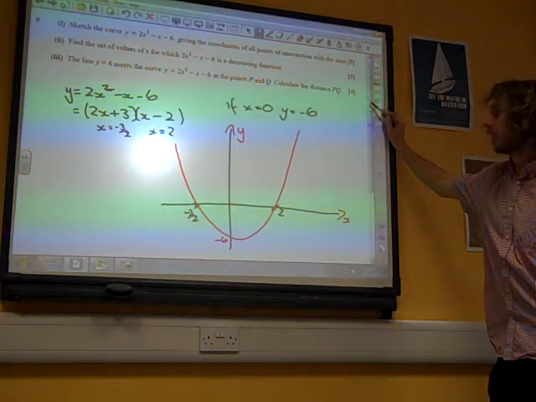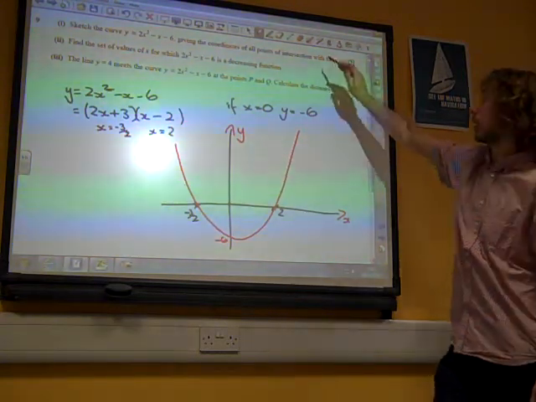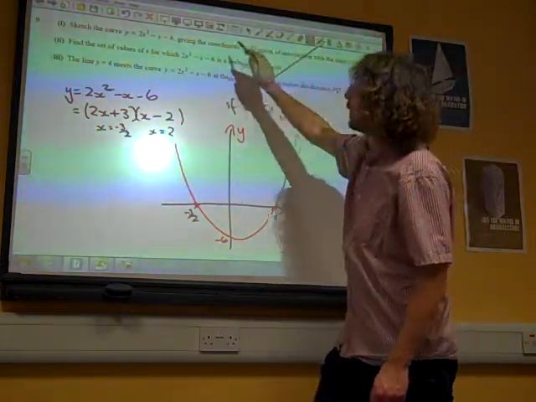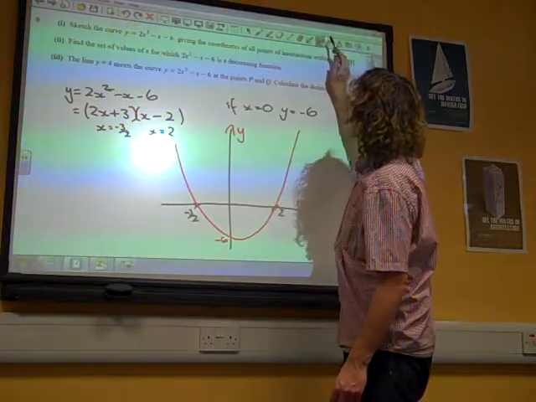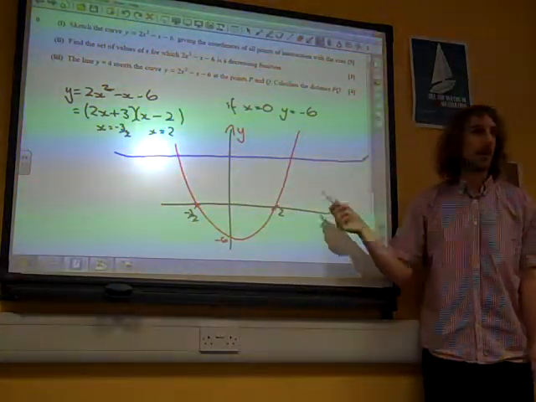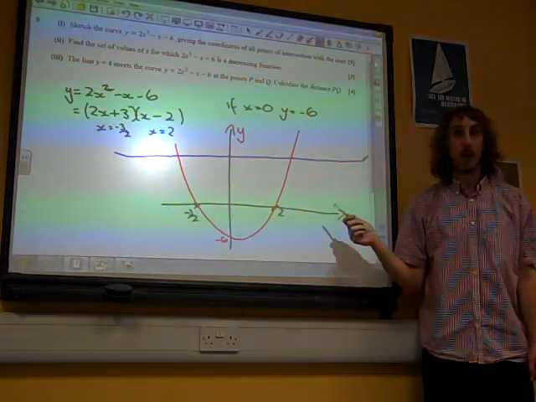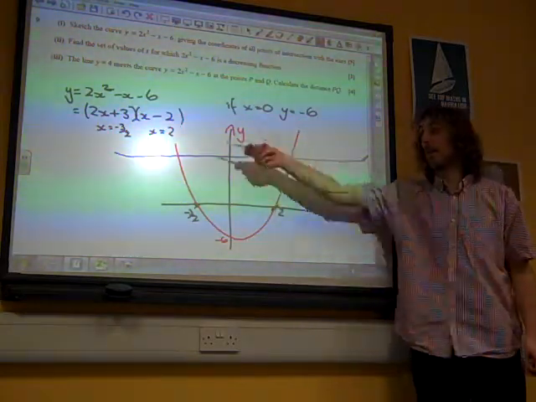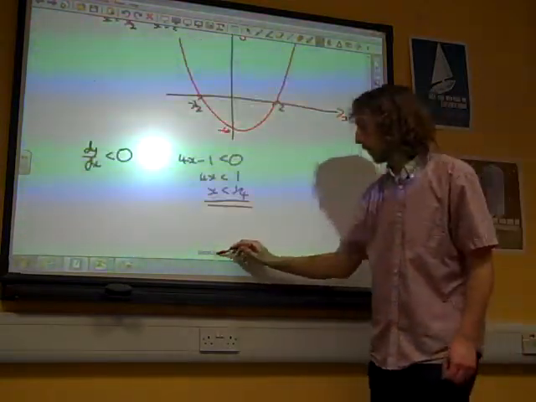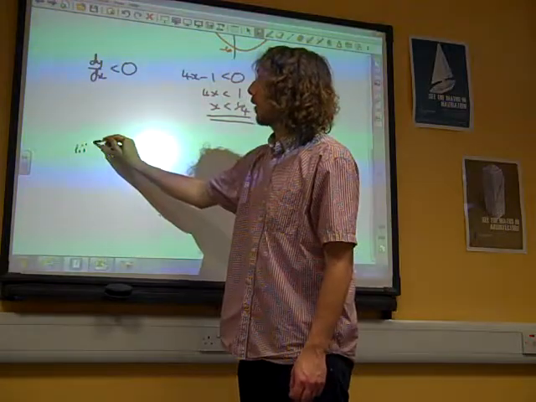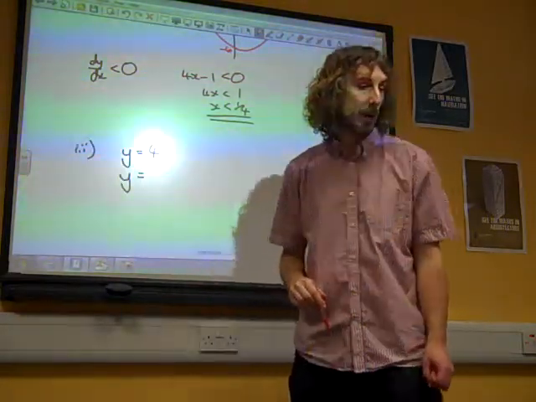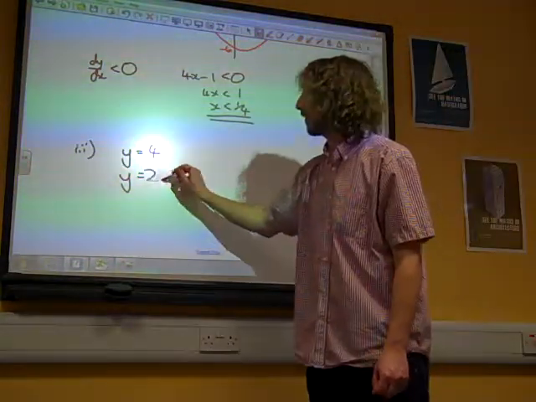You wouldn't draw it on your graph, but we want a line across there, y equals 4, meeting this curve, and we want to find where it meets it so we can find the length of that line between those 2 points. That's basically all we're doing. So, for part 3, we want to know when the line y equals 4 meets the curve y equals 2x squared minus x minus 6.